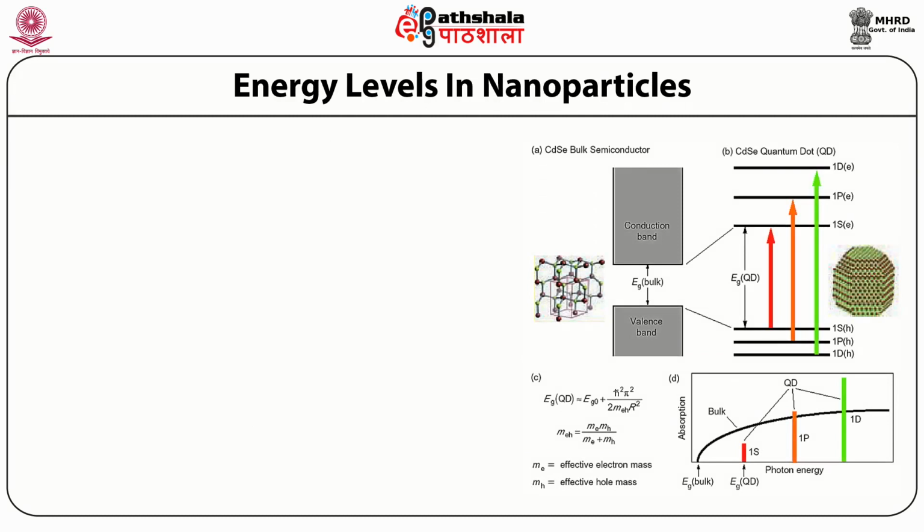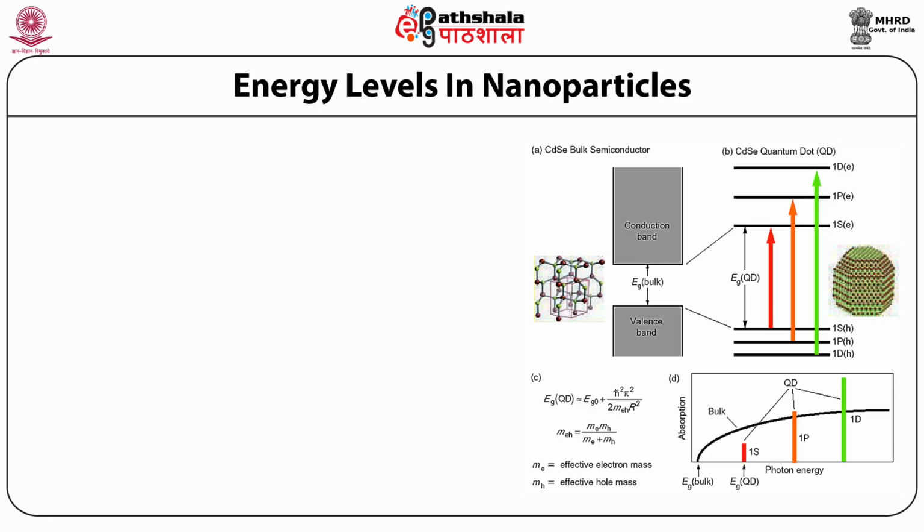So using the optical spectroscopic methods, we can measure the different energy levels in semiconductors, or in nanoparticles basically. Here in this figure on the left hand side, the first part A shows a cadmium selenide bulk semiconductor having a valence band and conduction band.